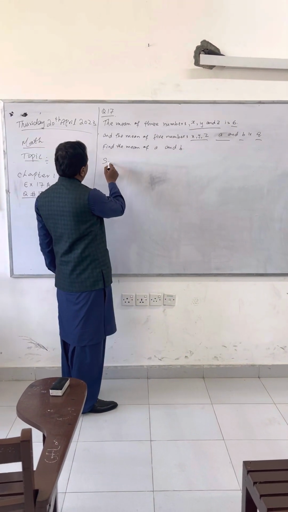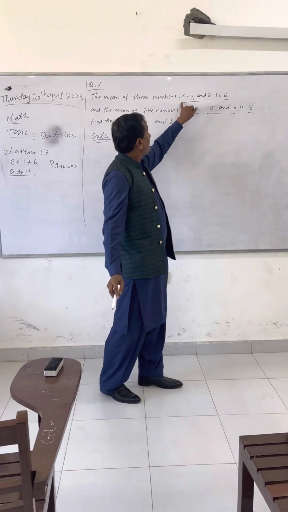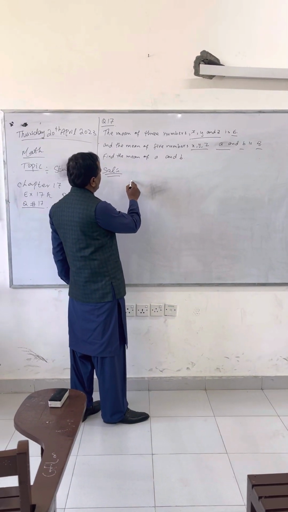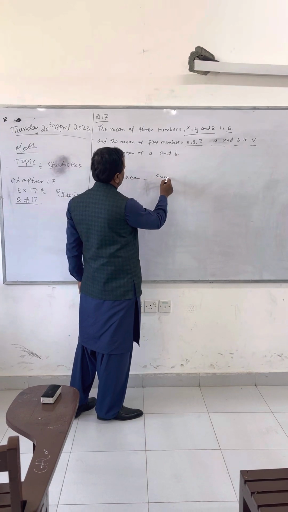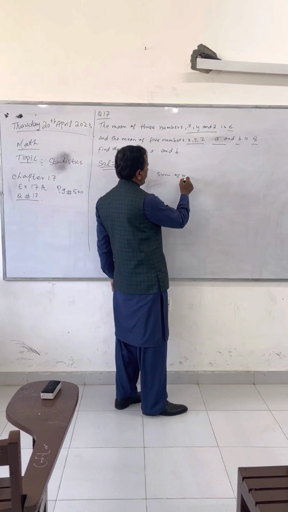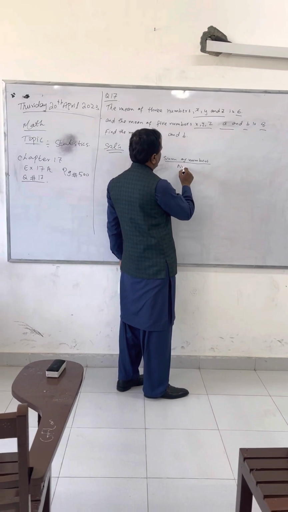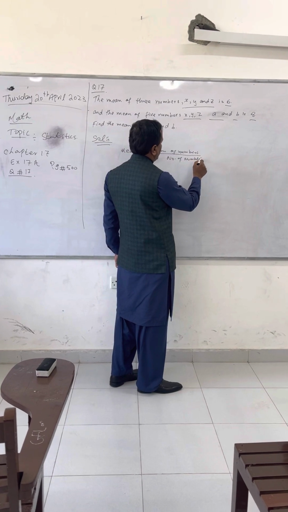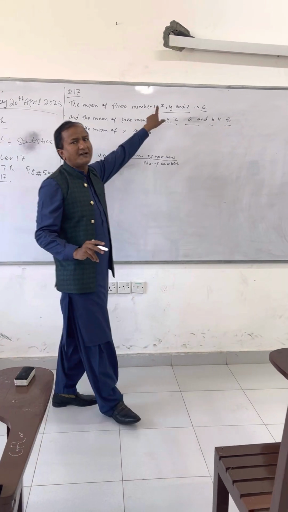Okay, for the solution, it is given the mean of x, y and z. The formula of the mean is the sum of numbers over the number of numbers. Using this formula, we find the total sum of x, y and z.